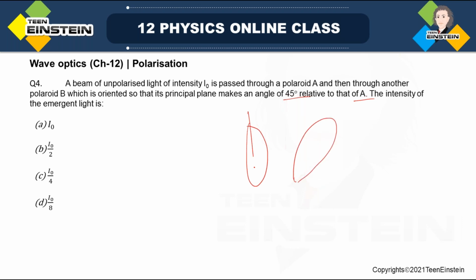A has pass axis this and B has pass axis along this direction. So theta is equal to 45 degrees.